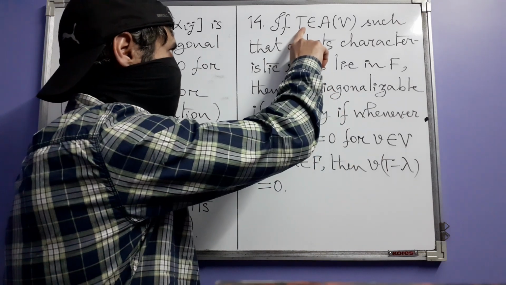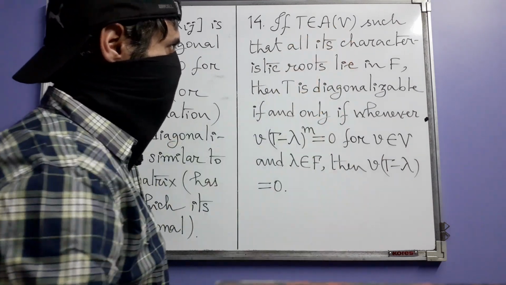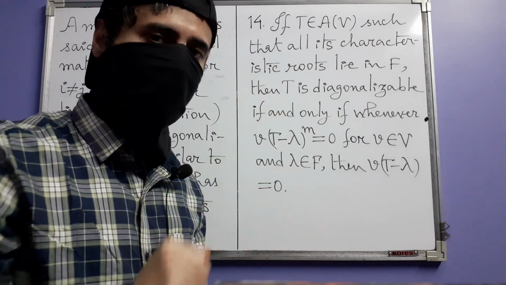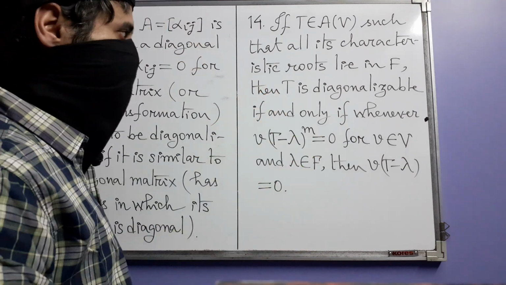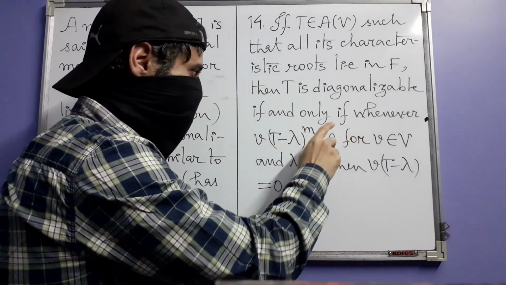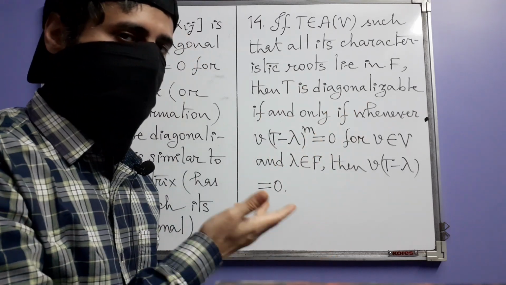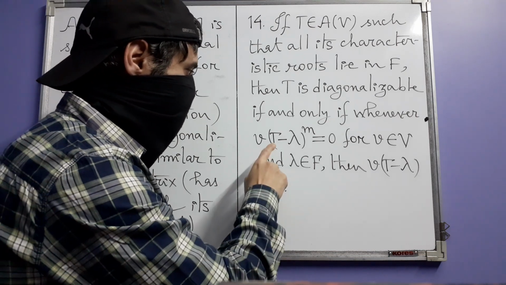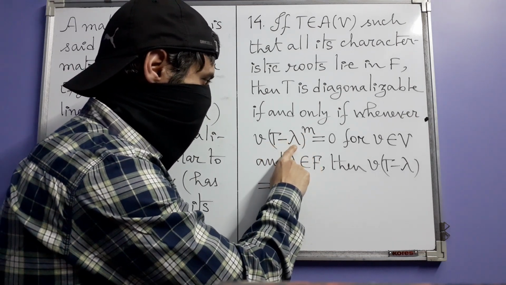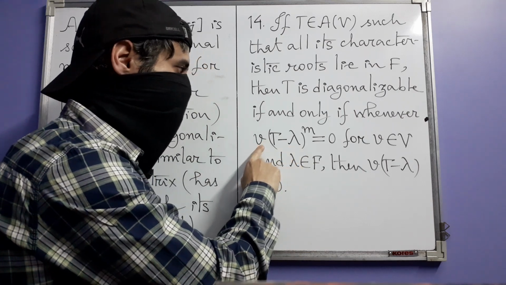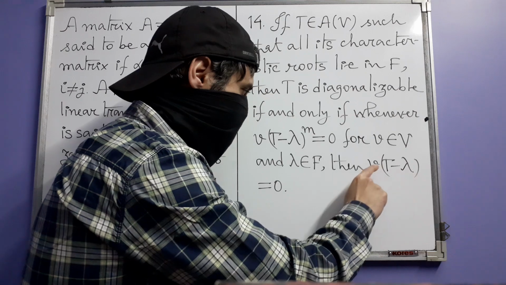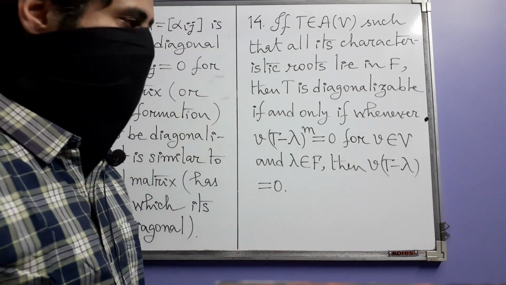We have a linear operator T on the vector space V such that all its characteristic roots lie in the underlying field F. Then T will be diagonalizable if and only if this condition is true. What is this condition? That if you apply the mth power of the operator T minus lambda on a vector v and get 0, then applying T minus lambda on v will also give you 0.